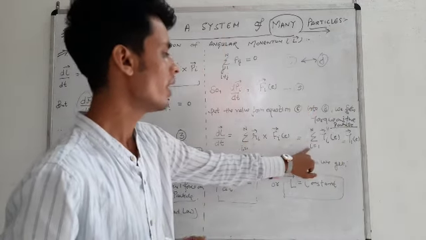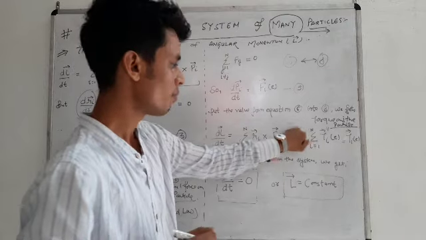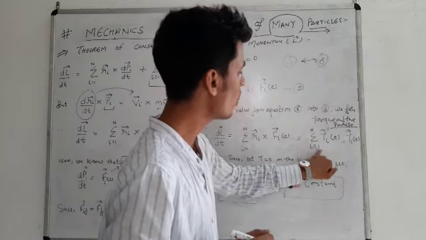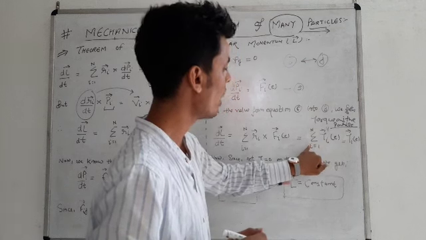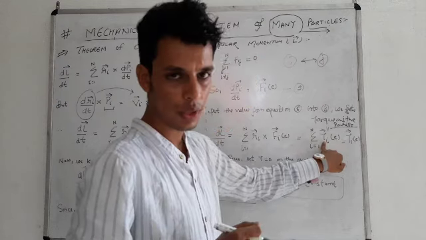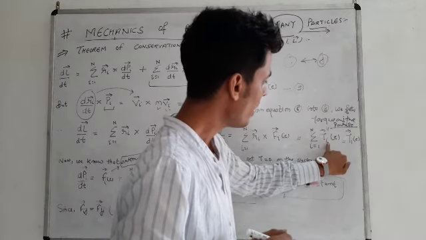Now the summation carries on, with i equal to 1 to n, of the torque tau i external.